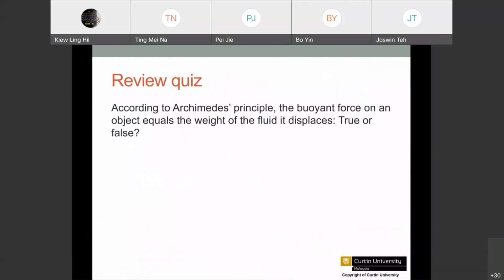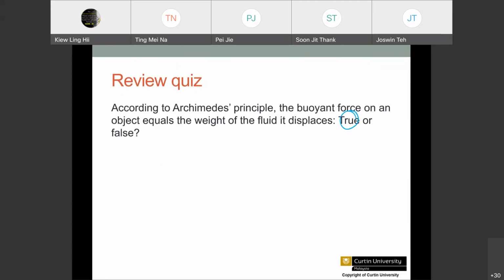According to Archimedes' principle, the buoyant force of an object equals the weight of the liquid it displaces. True or false? True. It equals the weight of the liquid that is displaced.